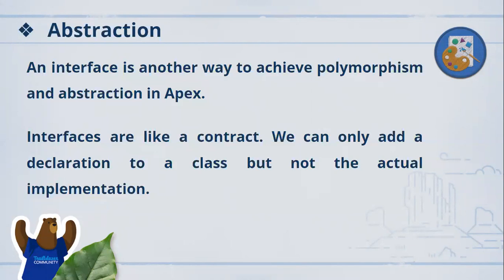Interfaces are like, I would say, a contract which only adds a declaration to the class but not the actual implementation, as we have seen in Java also, that an interface will have some functions which are not defined, they are declared only, right? So if there are, let's say, two functions and one function is defined, that class is not called an interface, that class will be called an abstract class, right? In a similar way, abstract class and interface are two ways in which we can perform abstraction. So I will take an example of an interface here.